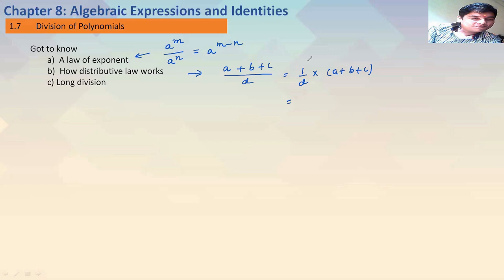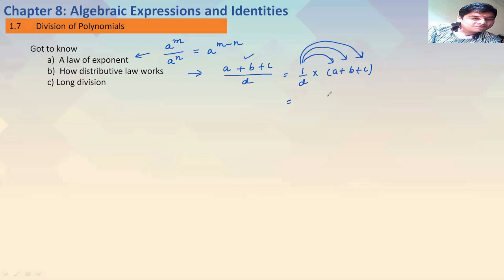So we can do the same over here. Multiply this to this, this to this, and this to this. So what is it going to yield? We're doing the distributive property.